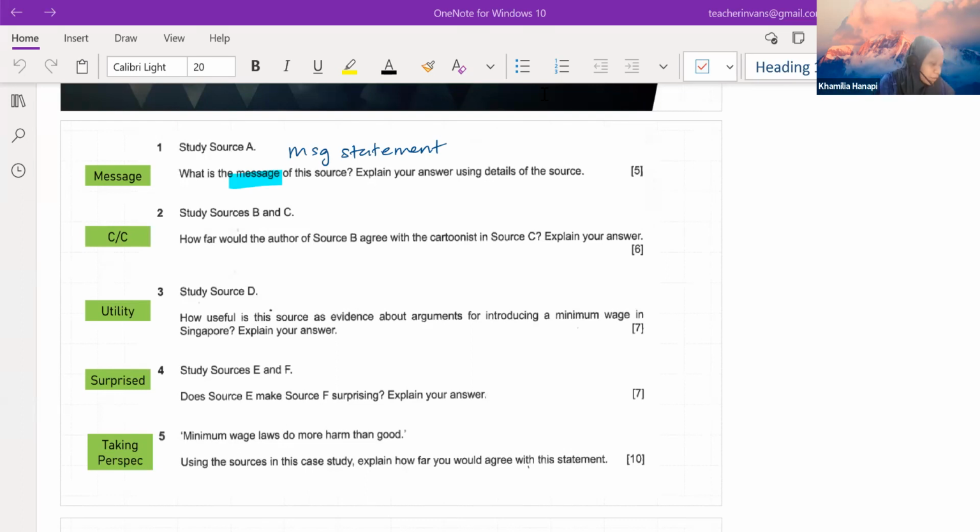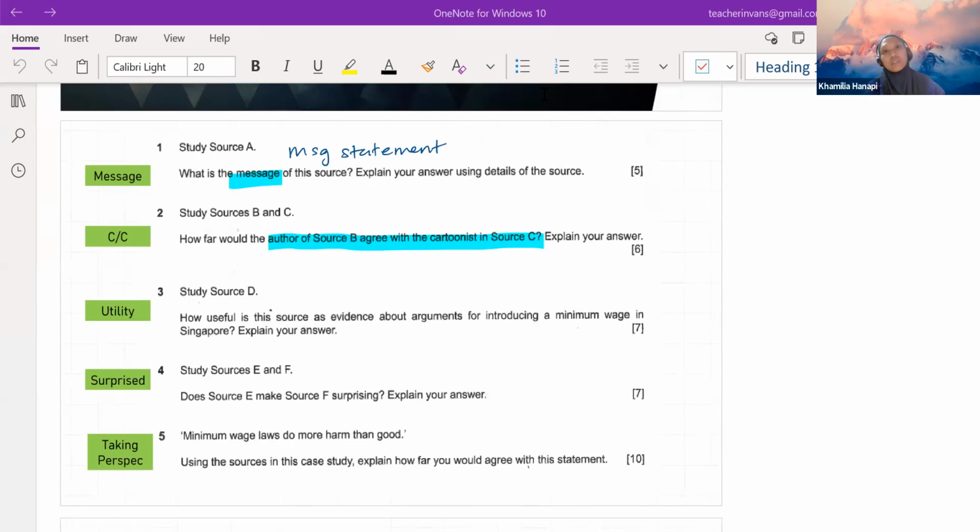Now, look at question 2. It is about compare and contrast. The keyword here is, would the author of source B agree with the cartoonist in source C? So in the first 10 minutes of your paper, remember I was telling you, open it up, look at it, annotate it, and make sure that you are able to identify the keywords.